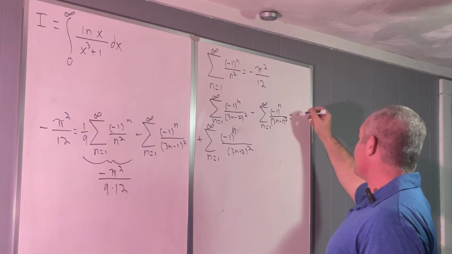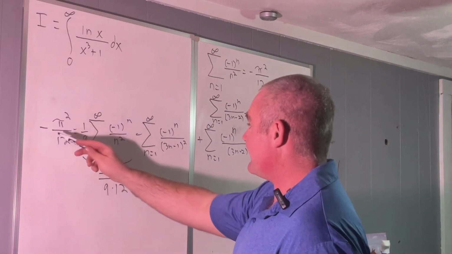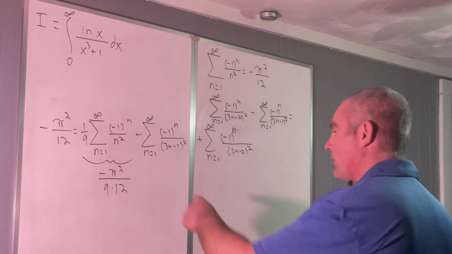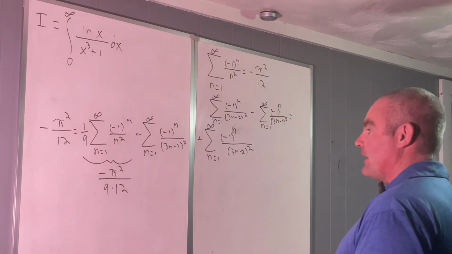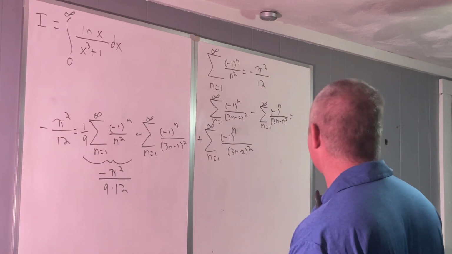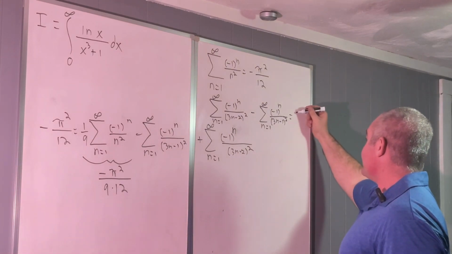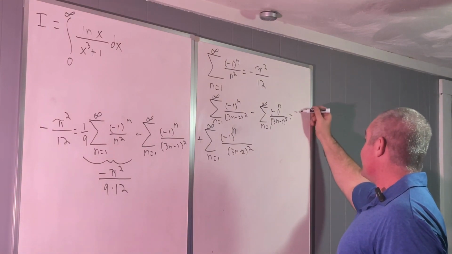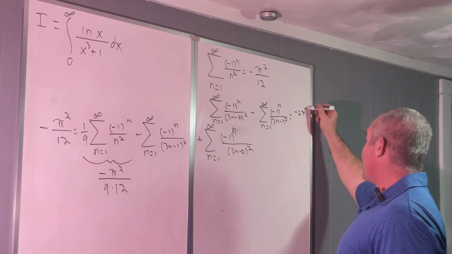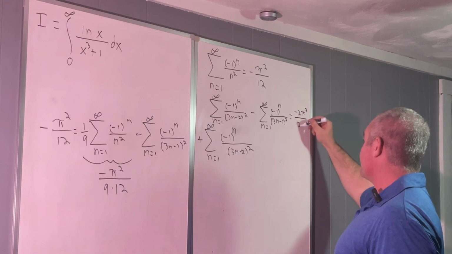And that's going to be equal to, well, let's see, negative pi squared over 12 plus pi squared over 9 times 12. In other words, that is going to be equal to negative 2 pi squared over 27.